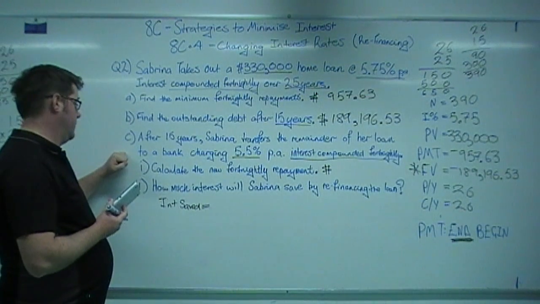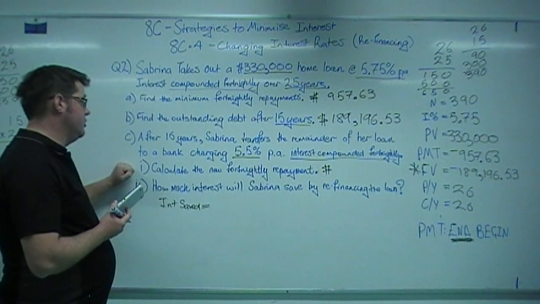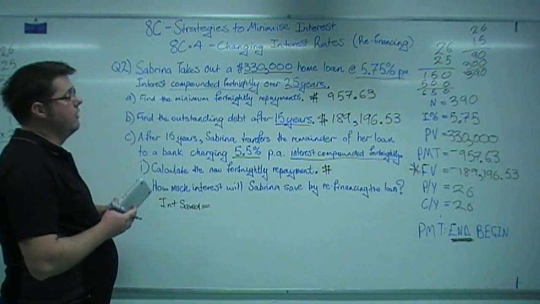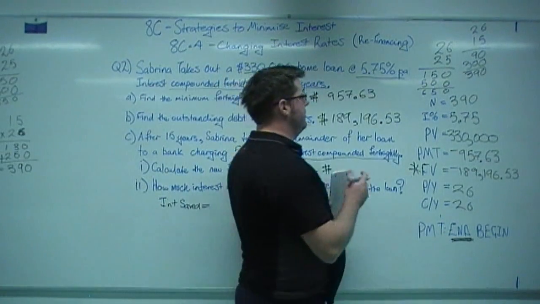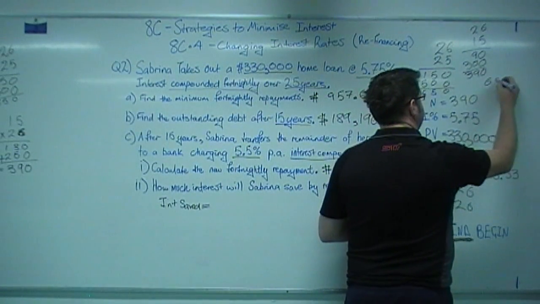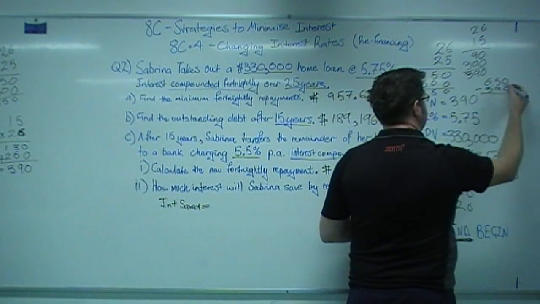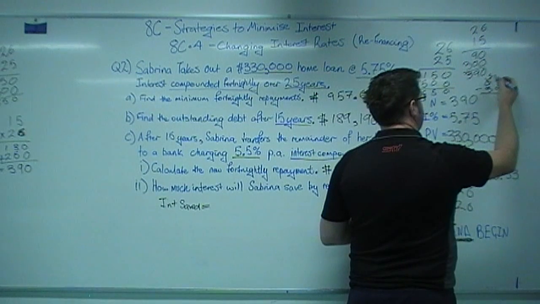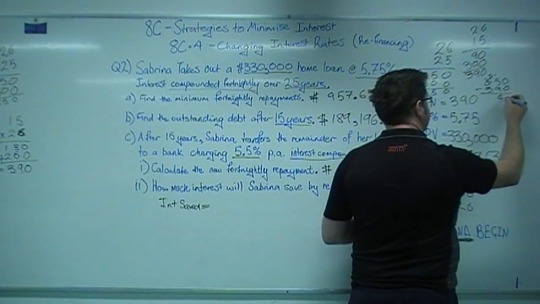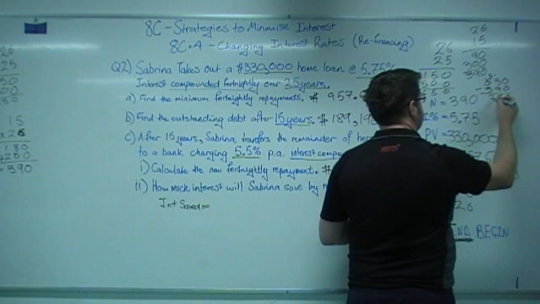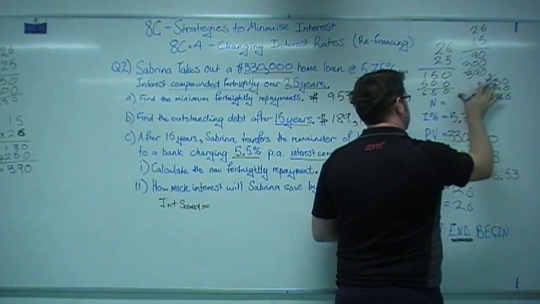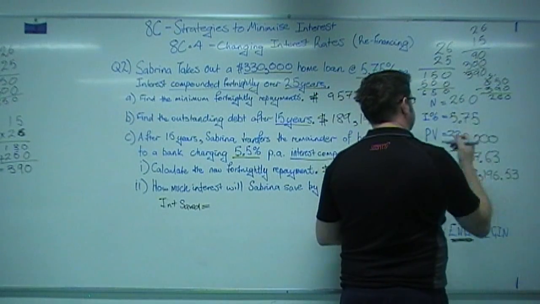We need to calculate the new fortnightly repayment. So the outstanding periods we'll have will actually be 650 minus 390. That will leave 260.